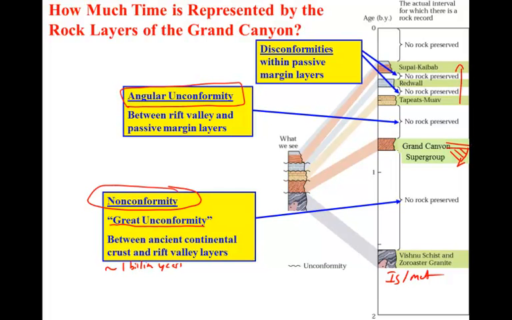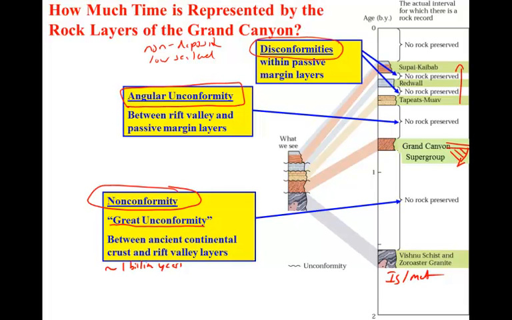And then within the flat-lying layers of the passive margin, we find examples of disconformities, periods of non-deposition, due to low sea level. In other words, at times, the Grand Canyon region was flooded by high sea level, causing sediment to be deposited at this location.